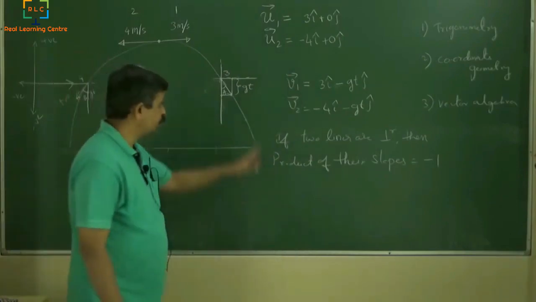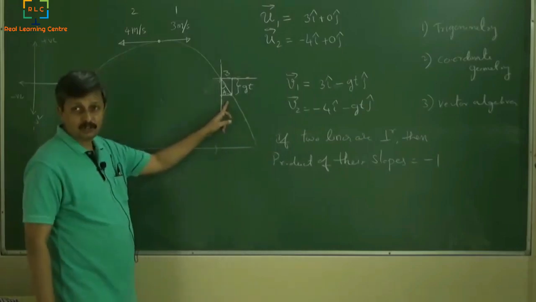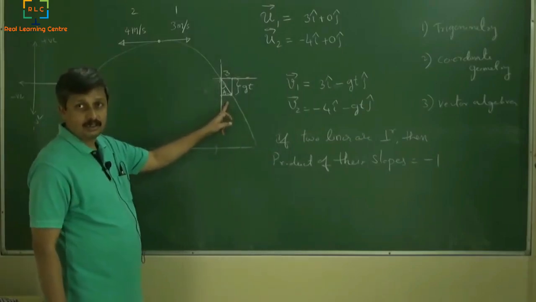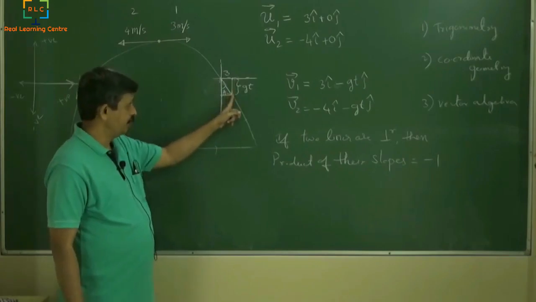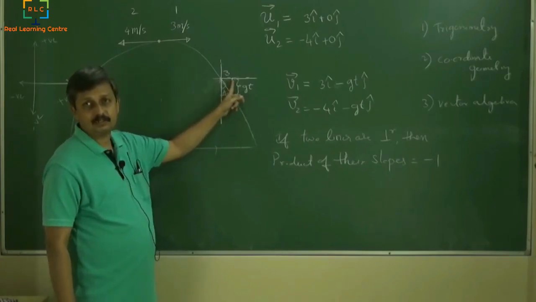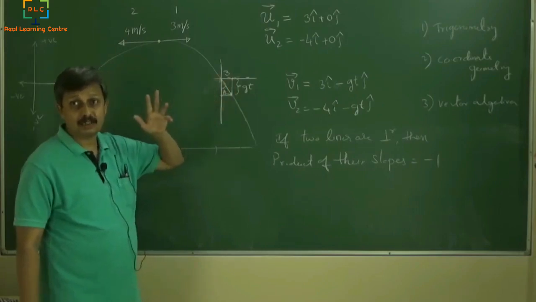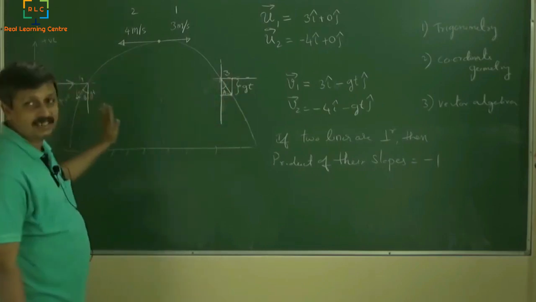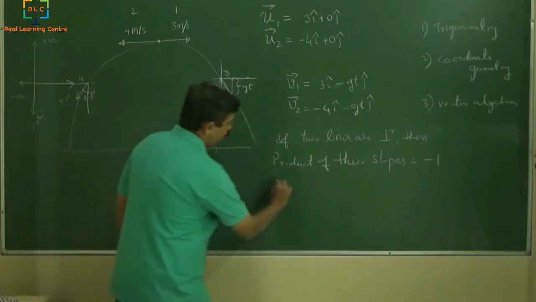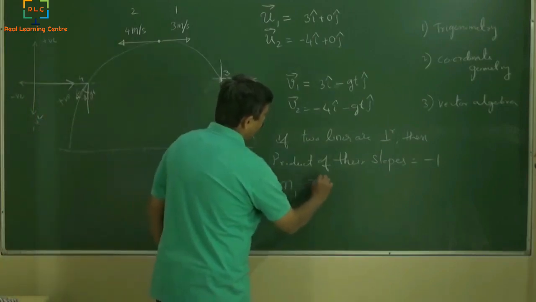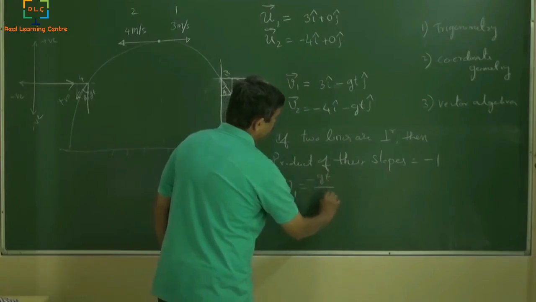Now let us find out the slope of each one of them. Slope of the first one. So the slope of the first one is what? Minus gt divided by plus 3. While doing the slope, we have to be careful about the minuses, because we are in the coordinate geometry world. M1 is equal to minus gt divided by plus 3.